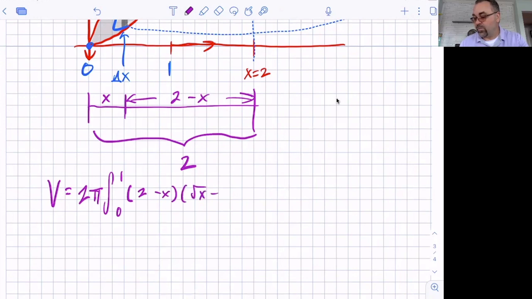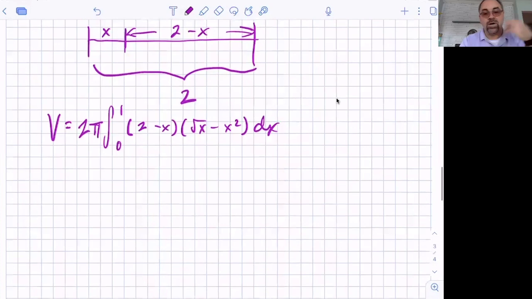So we end up with the integral from 0 to 1 of 2 minus x times the quantity root x minus x squared. You can see that by just adjusting where the axis of revolution is, it changes the radius function, but nothing else in our integral.